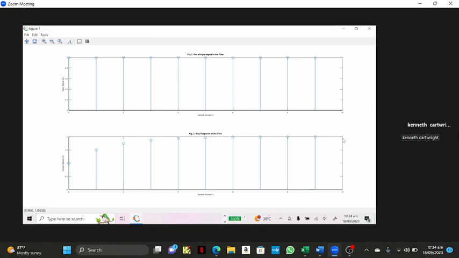Okay. So we can plot the impulse response. We can plot the step response. What other response did we do in 320? The impulse response, the step response. What else?